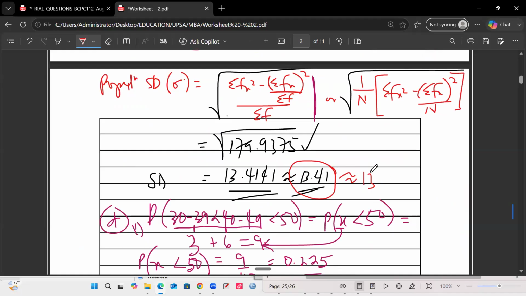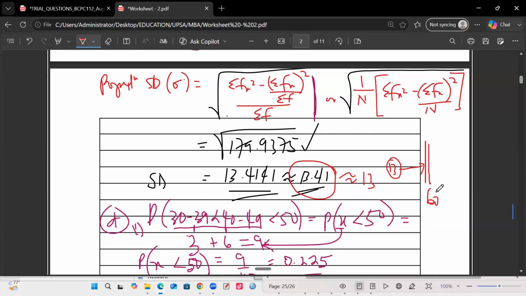Or with a deviation of 13 units away from the average, or away from the mean. Because deviation means if the target here is 60 and you are 13 away from the mean, you deviated by 13.